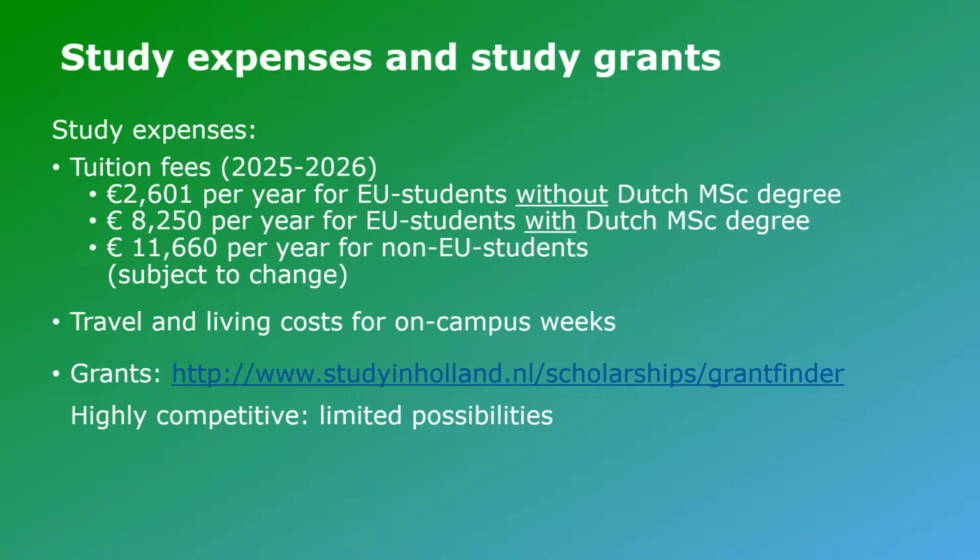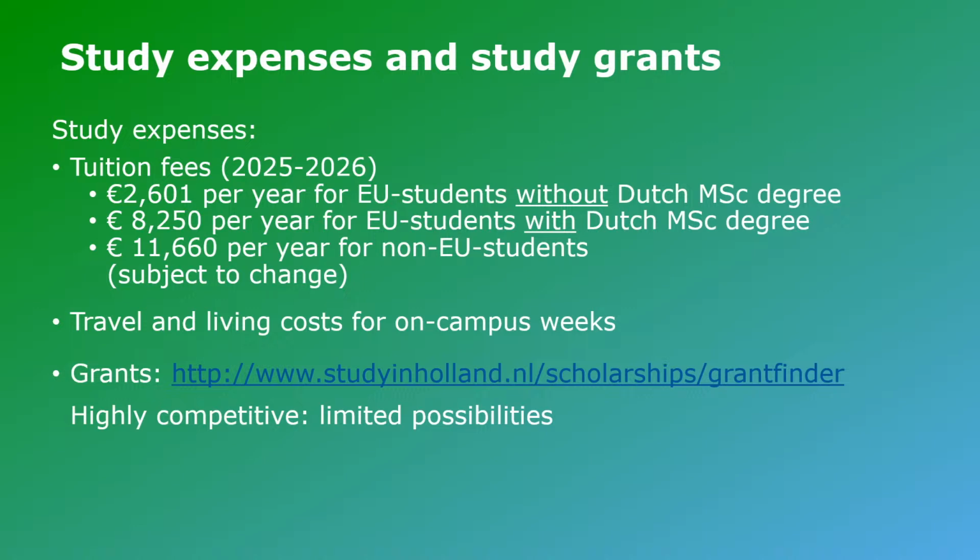For EU students that already have completed another Dutch master's degree, the tuition fee is higher, about €8,000, and that has to do with a subsidy of tuition fees by the Dutch government. For non-EU students, the tuition fee is €11,660 per year.